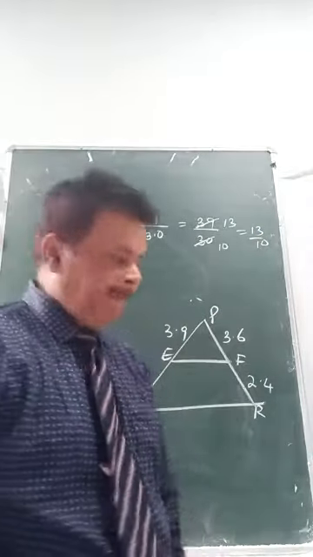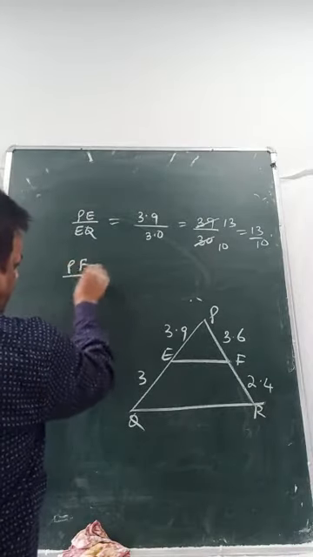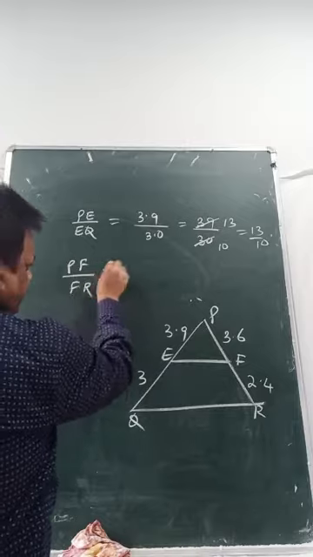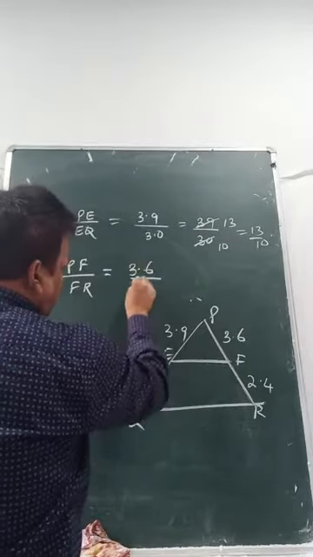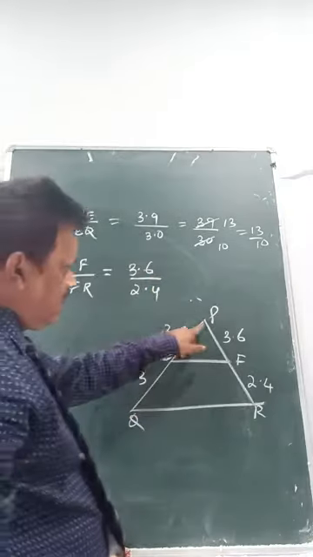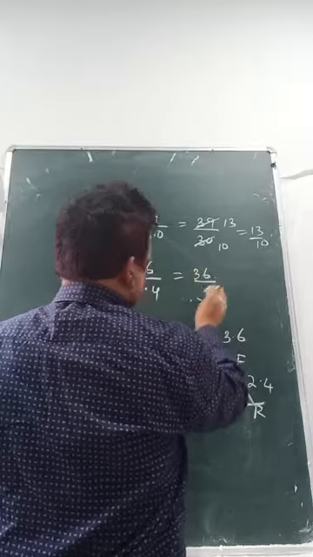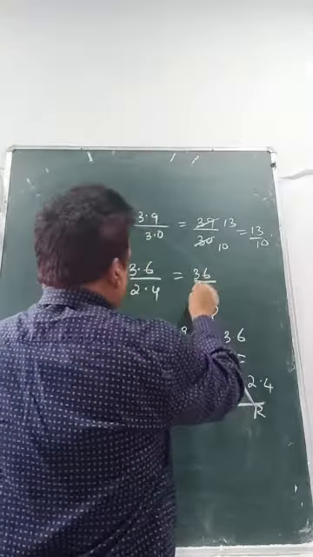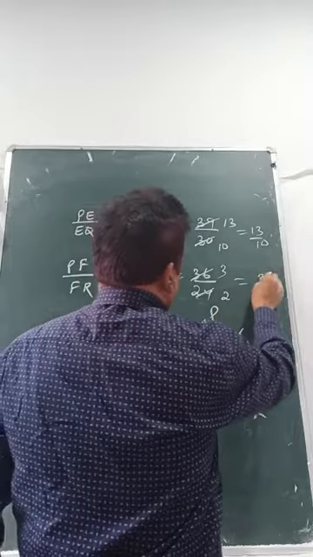Okay. Then PF by FR. That is 3.6 by 2.4. This by this. 36 by 24. 12 3s are 36, 12 2s are 24. 3 by 2.